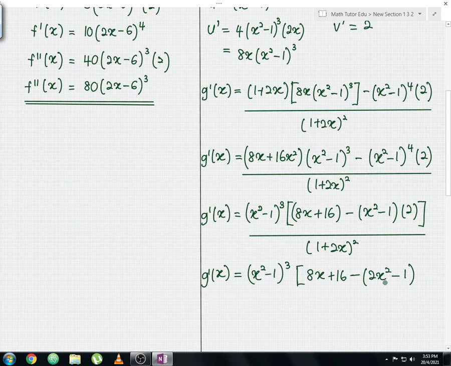The negative you can straight away times in, so from here you get negative 2x square plus 2. I'm just showing you step by step, guys, so that you are able to understand the working.